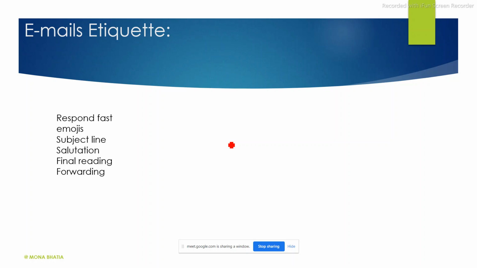So good manners is that you must forward emails only to those who have a use for them. Otherwise, don't do it. It's not always important that the message you are sending to the person, they may like it, or they may have the use of it. So restrict. If it is not important, don't do it.